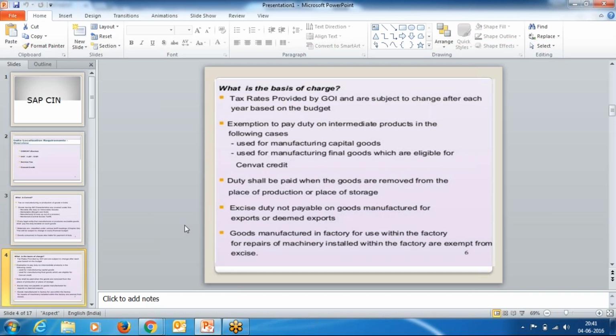The reason is that when you are exporting something, you are generating revenue for the Government of India in terms of foreign currency. When you sell to a foreign country, we are bringing in dollars, US dollar, euro, whatever currency. So it is an add-on to the Government of India.